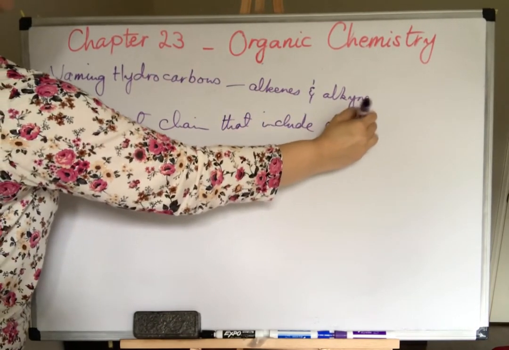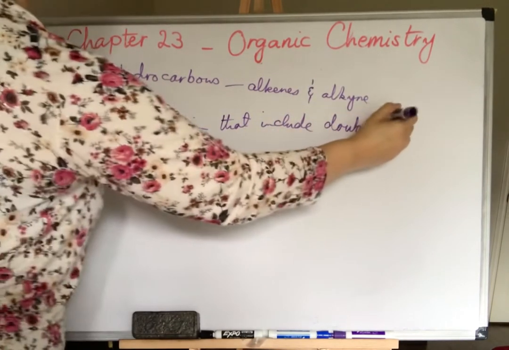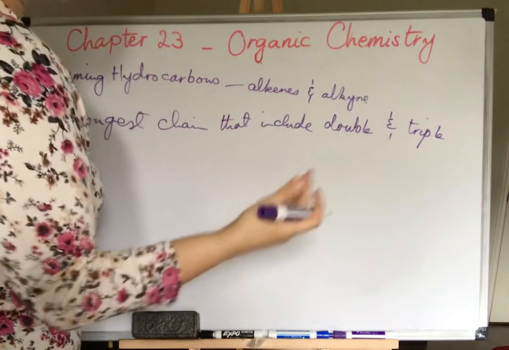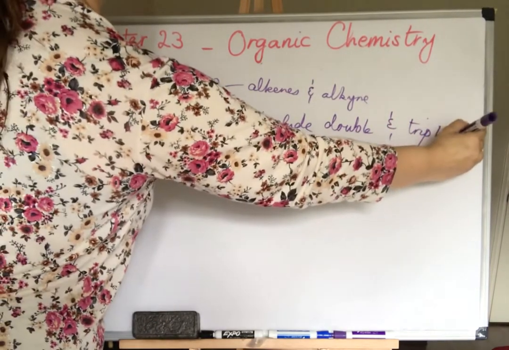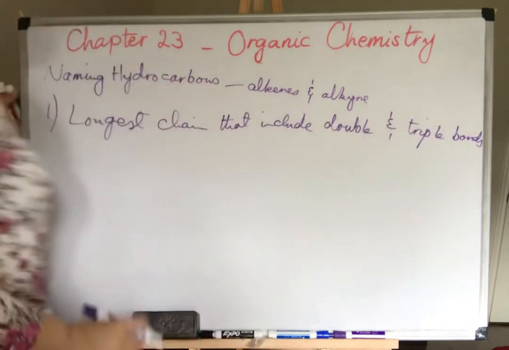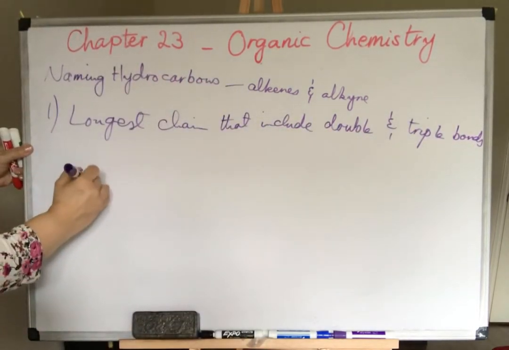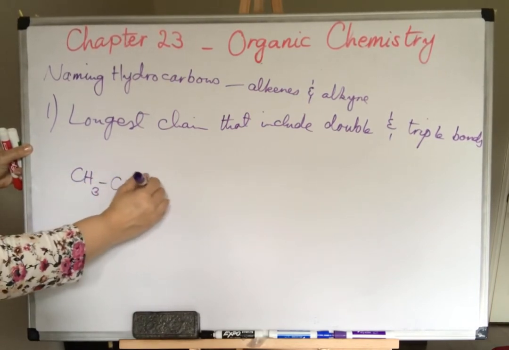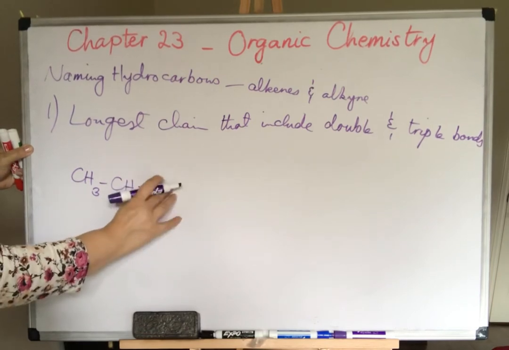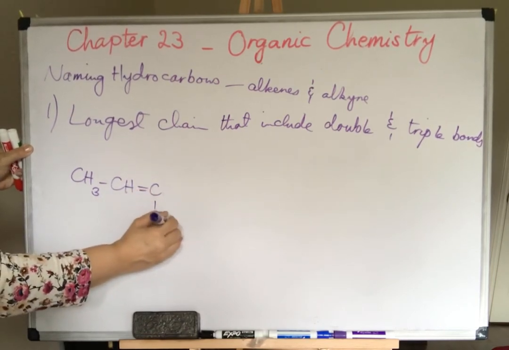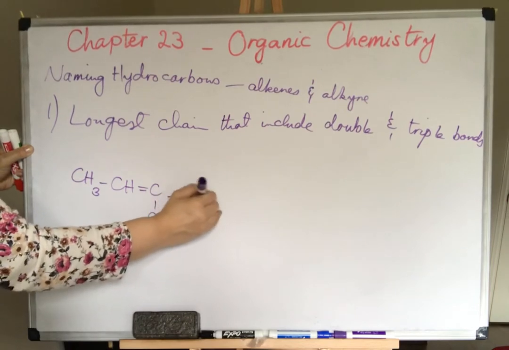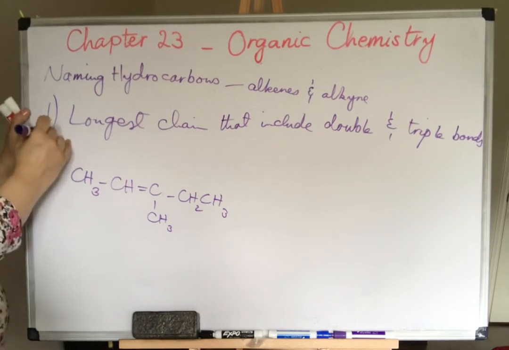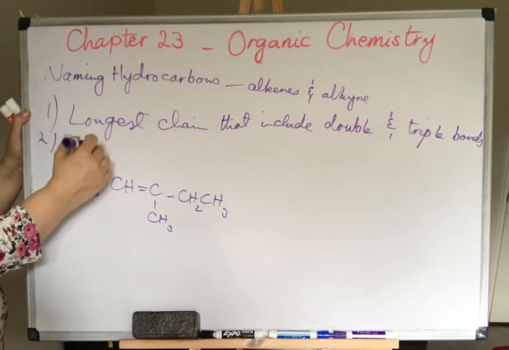double and triple bonds. We said in alkenes we have a double bond, we have one or more double bonds, and in alkynes we have triple bonds, right? So the longest chain that has double bonds, like for example, if you have this, the longest chain is this, and priority is with double bond.